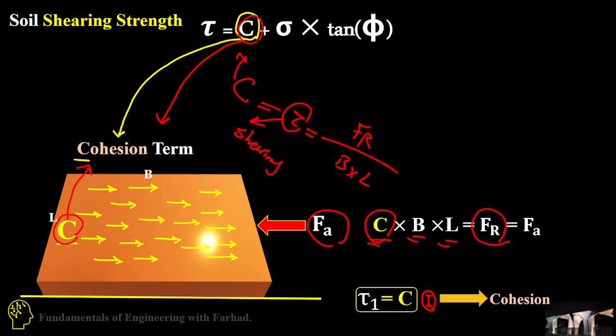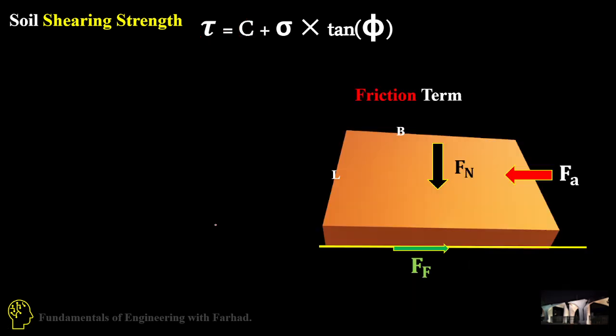So one can say tau is tau1 plus tau2, and the first component of tau is the cohesion of the soil grain.